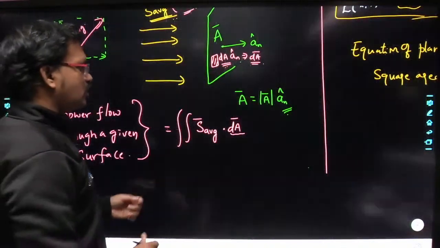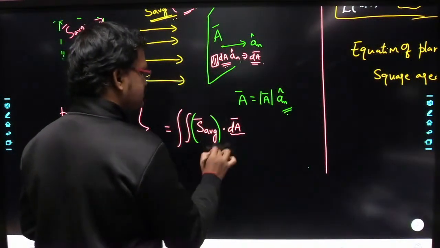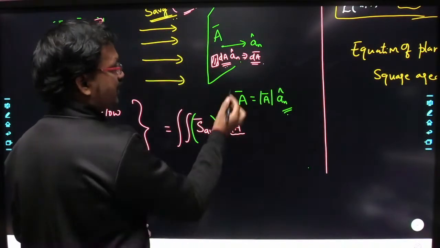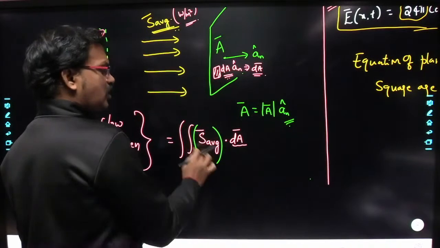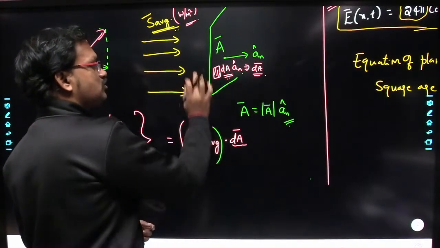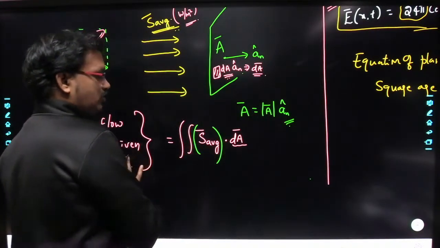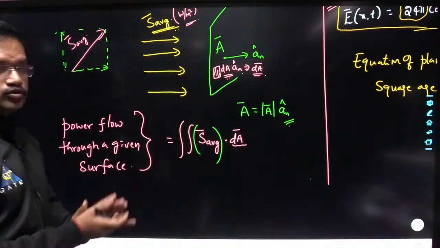So if you want, you can write here: the components of S average that are normal to the surface will only contribute to the power flow through the surface.